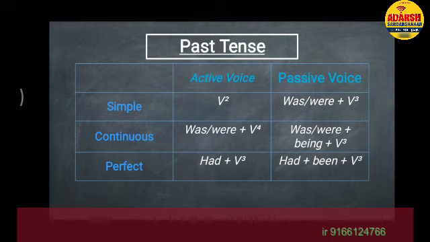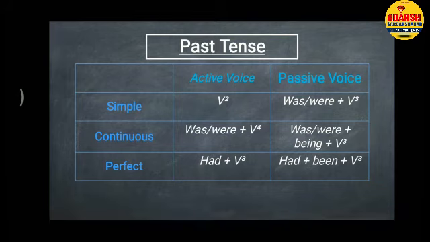In perfect, had plus verb's third form in active, while in passive it is had plus been plus verb's third form. If you notice, we are using only the past participle here, verb's third form, because in passive we always use the past participle. So here we have done present and past both.